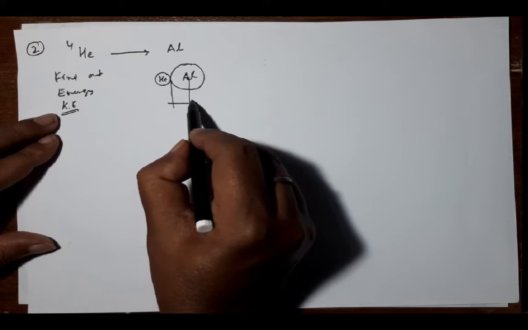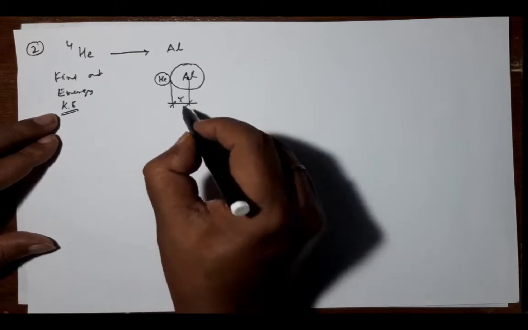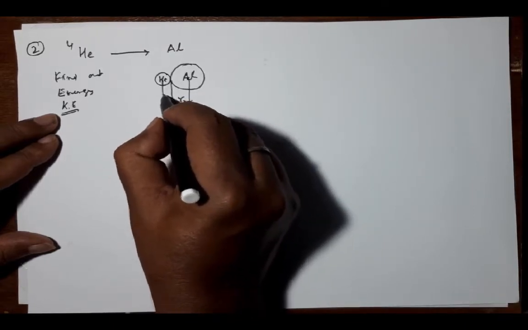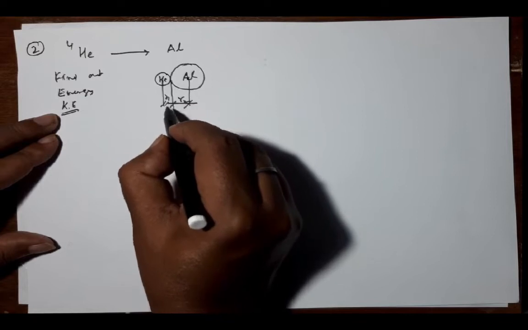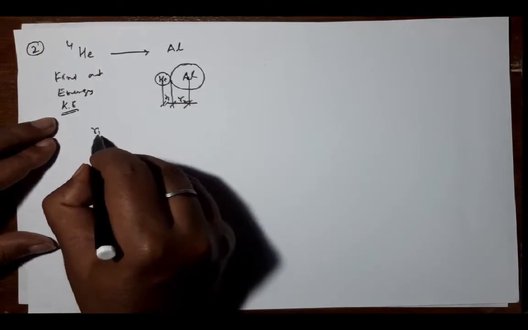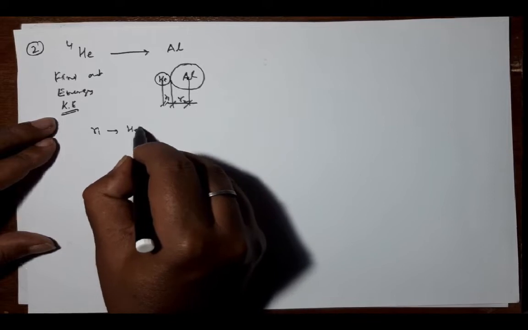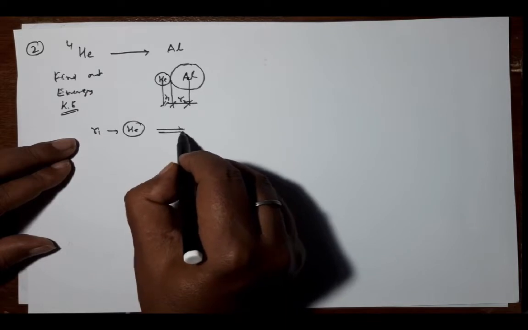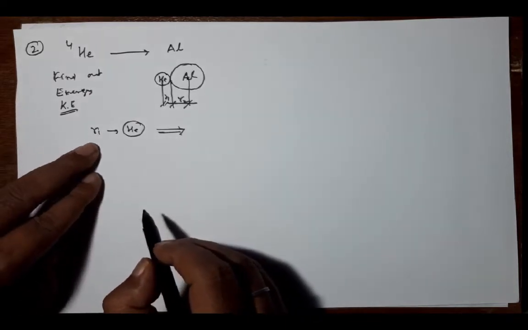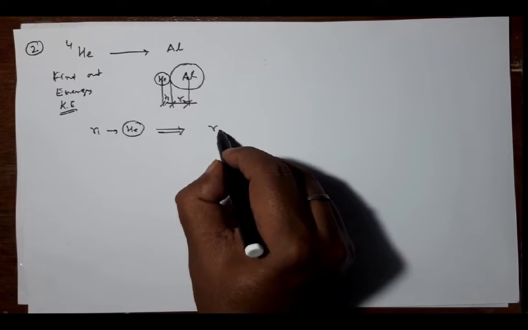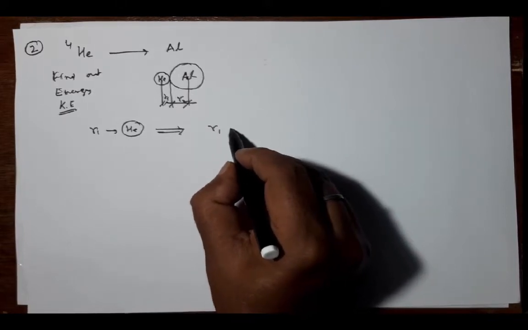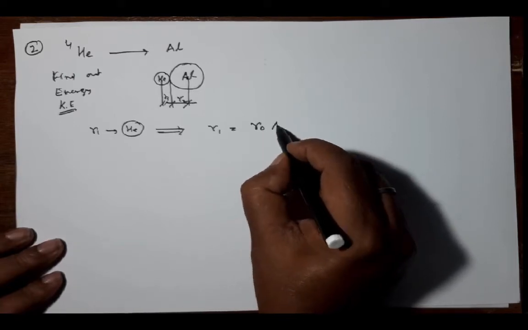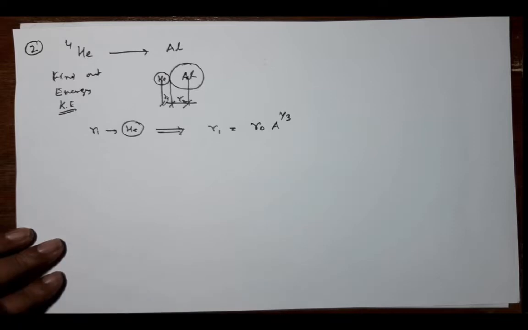Here we see, suppose this is the radius and this is the radius of helium. So R1 is the radius of helium nucleus, and we can find out what is R1. R1 is nothing but R0 A power 1 by 3.